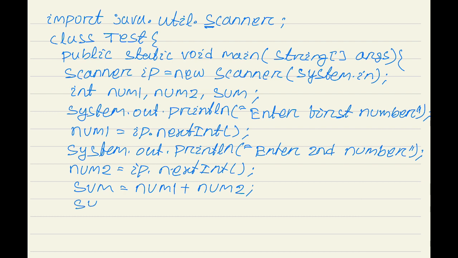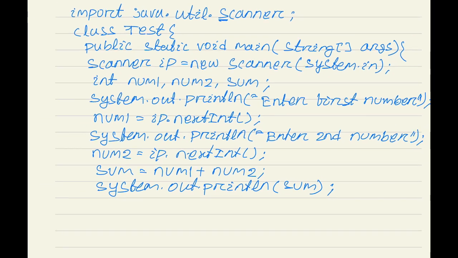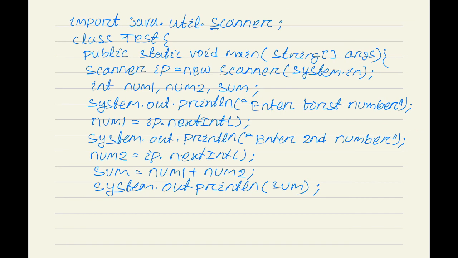Now we can write System.out.println(sum). So it is going to display the value of sum on the screen. Now this end curly brace is for the end of the main method, and another end curly brace is for the end of class Test.